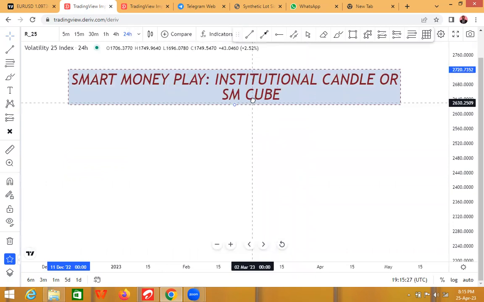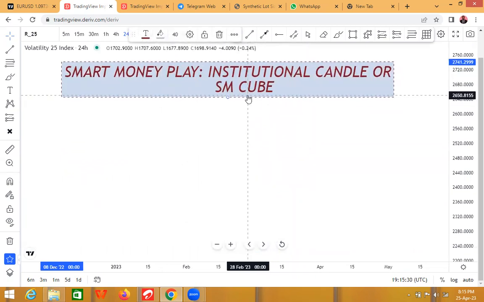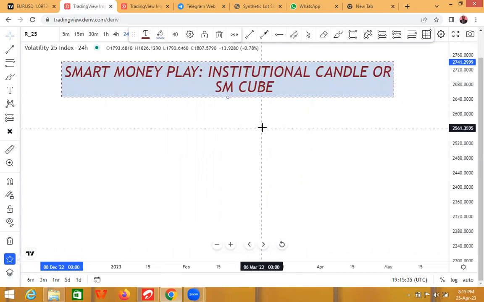Okay, institutional candle, smart money play. We're looking at the institutional candle or the smart money cube, SM cube. Let me recap.